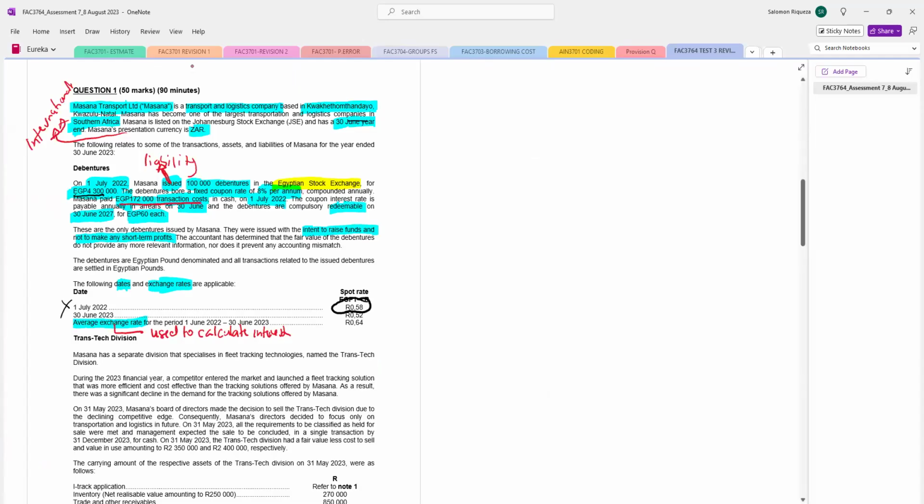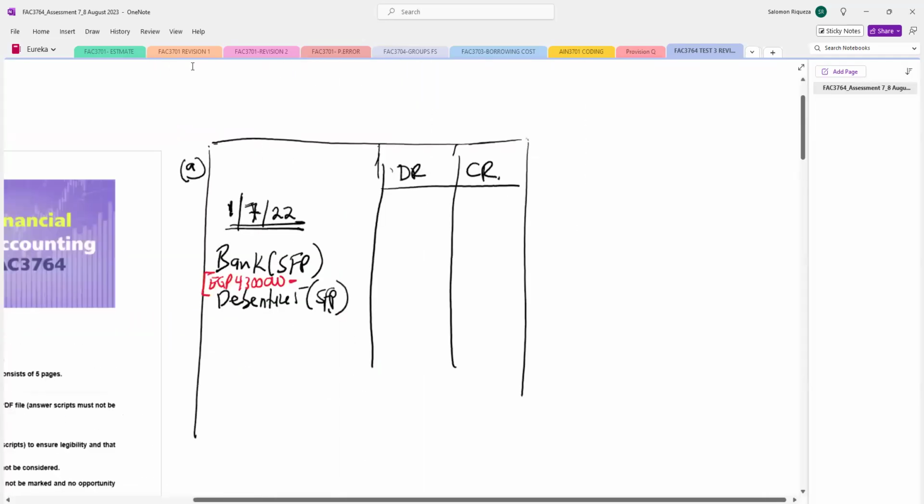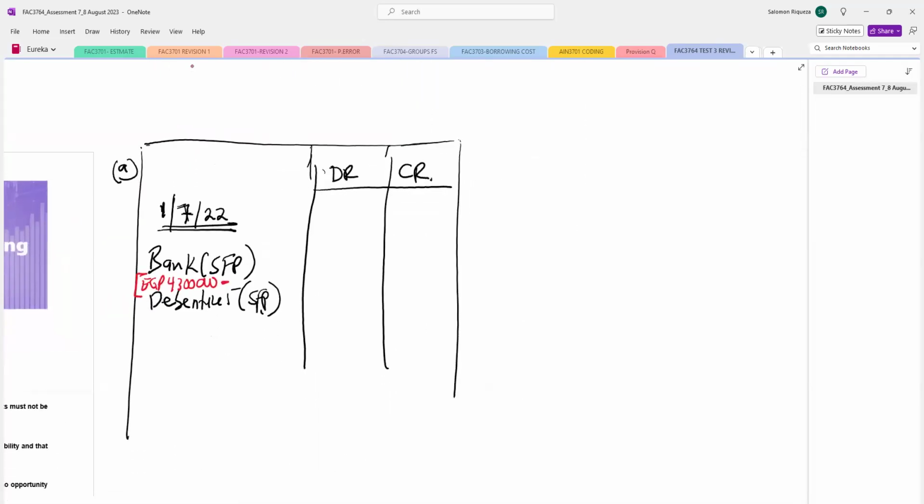So what we do is we have to actually remove this from the total value. So Egyptian pound 172,000.